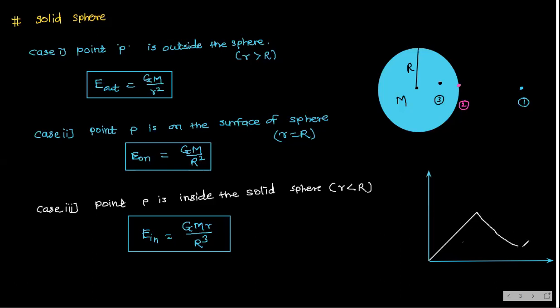Here E is directly proportional to r, and here E is directly proportional to 1 by r square. And this is the point where r is equal to capital R, the surface point, where it is maximum. You can take here either E or small g, that is gravity, anything is the same. And this is the distance from the center. Okay, is that clear? Understood?